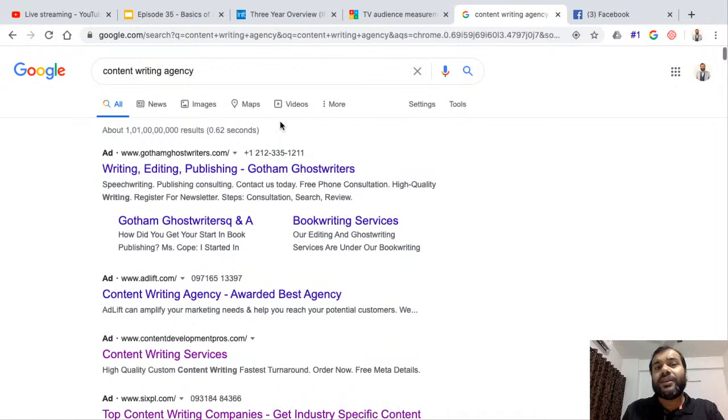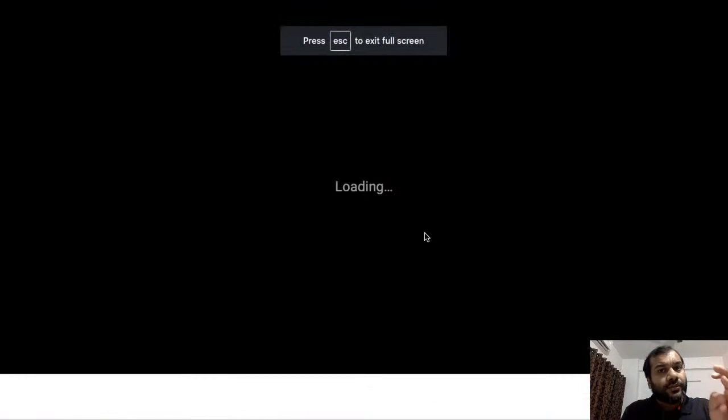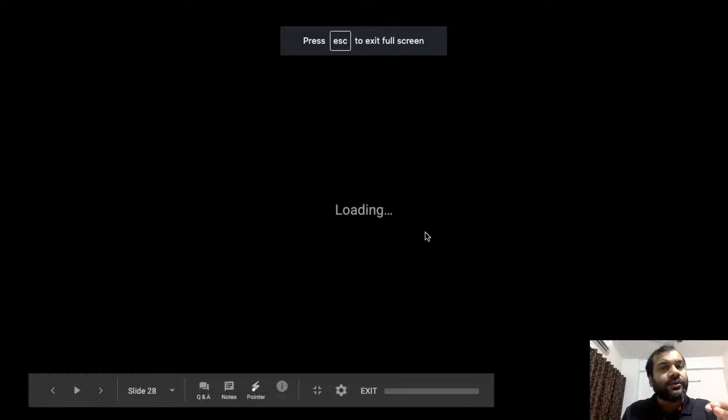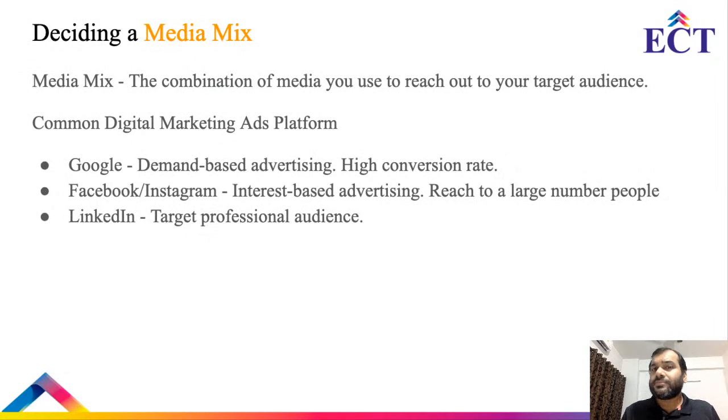So, here again, you have to decide based on the goals that you have set, marketing goal, awareness, consideration, or action, based on your target audience, based on your marketing budget, you will decide the media mix. Which media are you going to target? So, Google is demand-based advertising, high conversion rate. Facebook, Instagram is interest-based advertising.